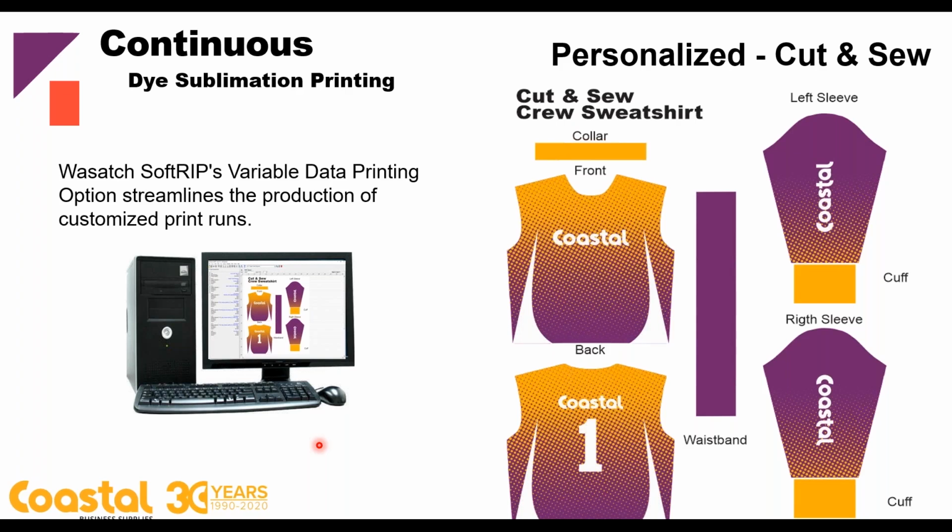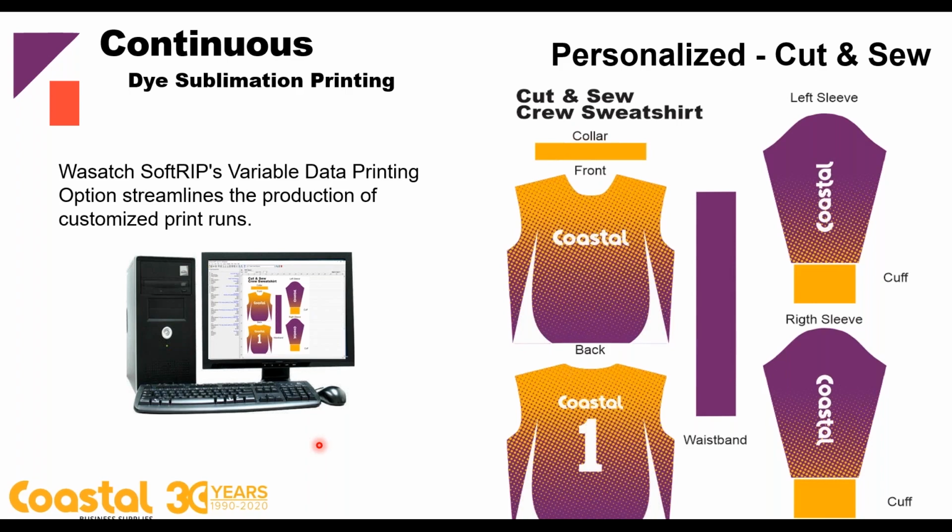Again, you'll print out the patterns, and with the Wasatch software, there's another component called variable data printing, where you can bring one design into Wasatch, and then bring in information such as the player's name and number, and it can drop that information in and pre-fill as you're printing.